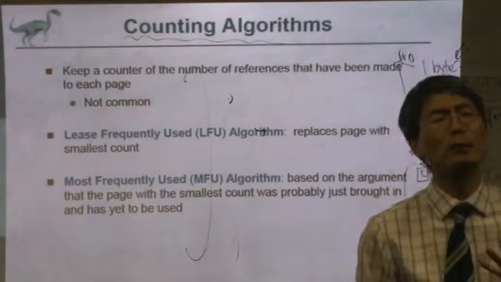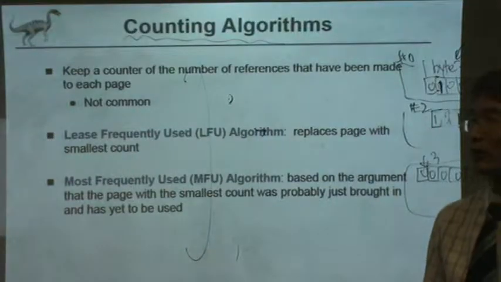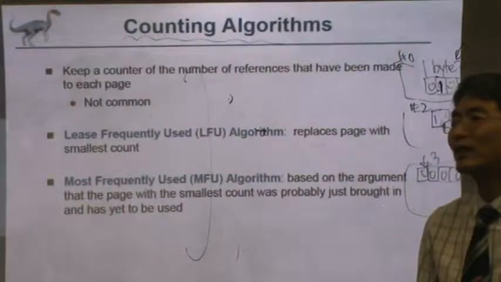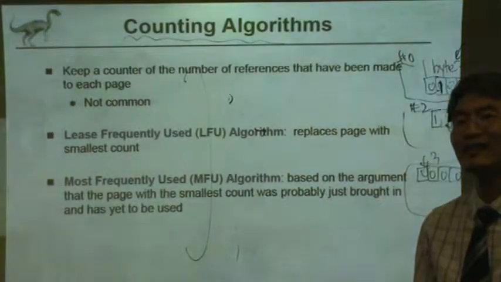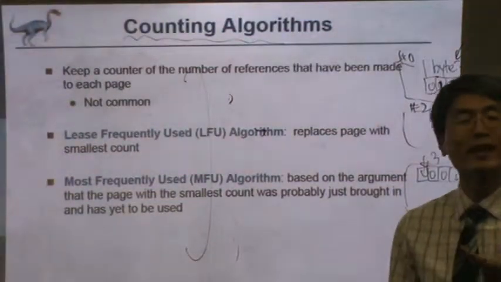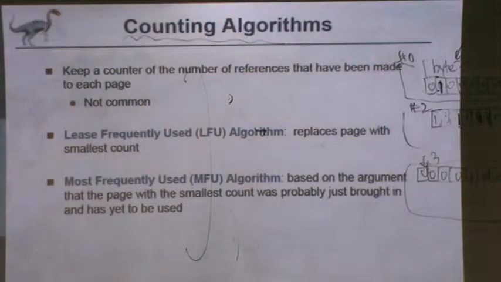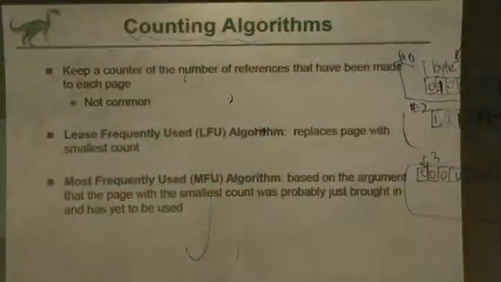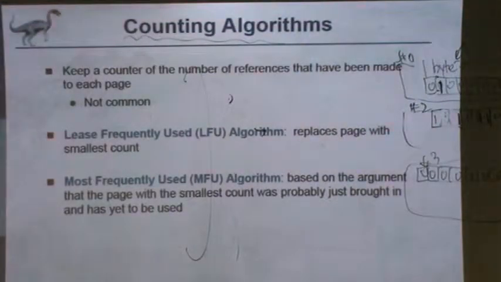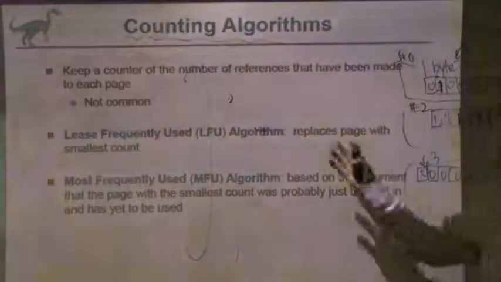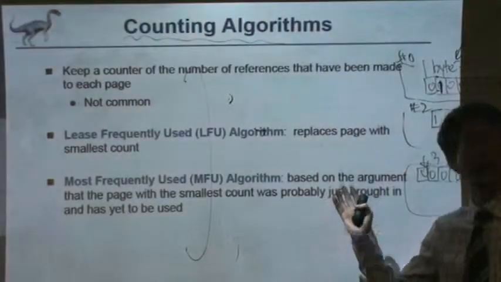Can we say the least frequently used is always the victim? Maybe a higher chance, but not always. It depends on the algorithm. But your operating system can use such frequency-based information, using a count.